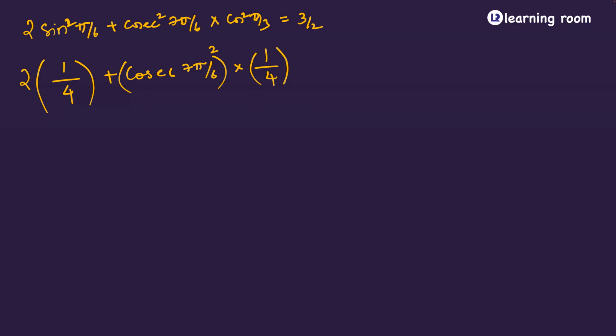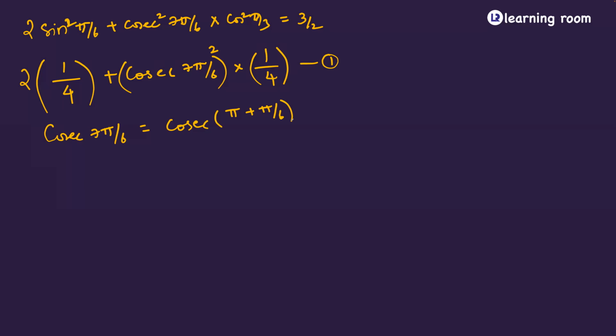Let me call this equation number 1. So I'll take cosecant 7 pi by 6 separately. The numerator is greater than the denominator, so you'll get a plus. So what will the answer be? Cosecant of pi plus, I hope you know, I wrote it as 6 pi plus pi by 6.